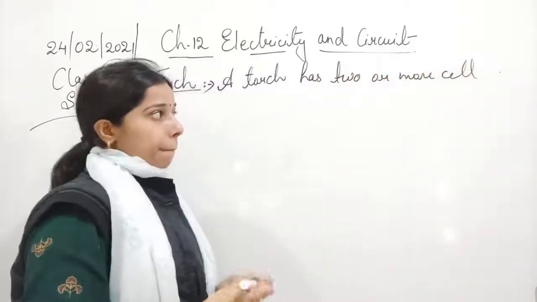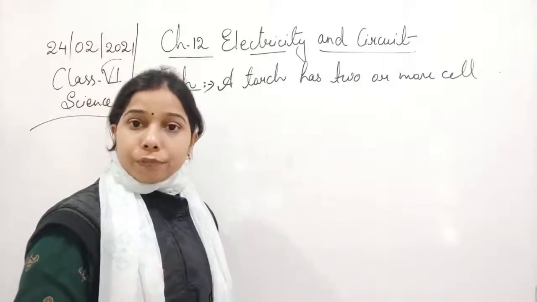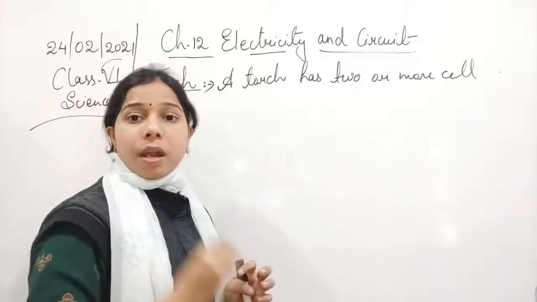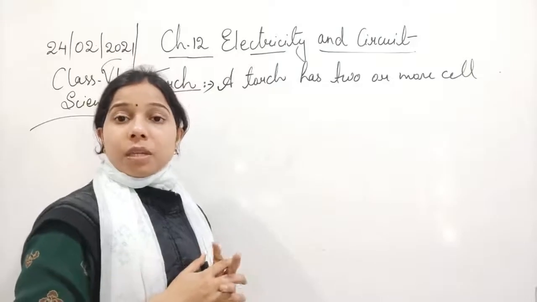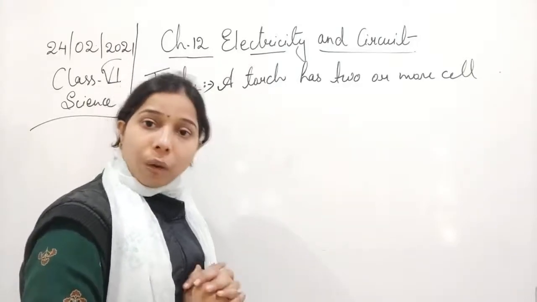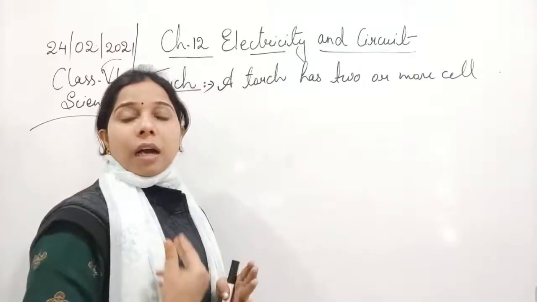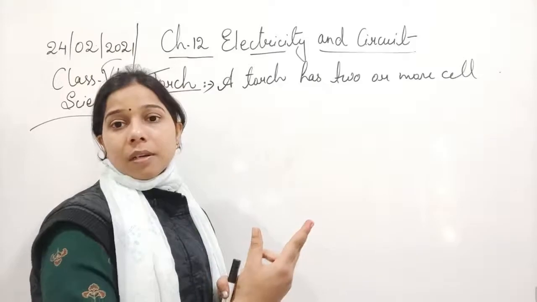While using the 2 or more cells in the torch, we should remember the way we are putting them inside. It means the cells should be kept in such a way that one of the metal caps should touch the other disc of the cell.